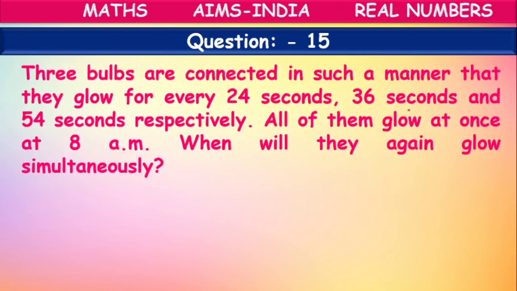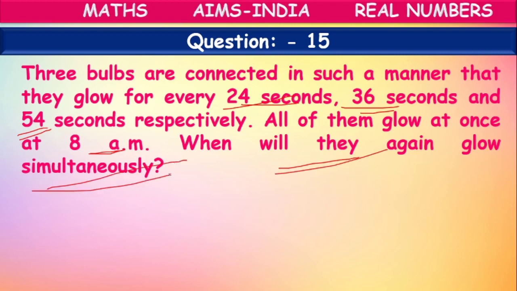Next, 3 bulbs are connected in such a manner that they glow every 24 seconds, 36 seconds, 54 seconds. All of them glow at once at 8 am. When will they again glow simultaneously?